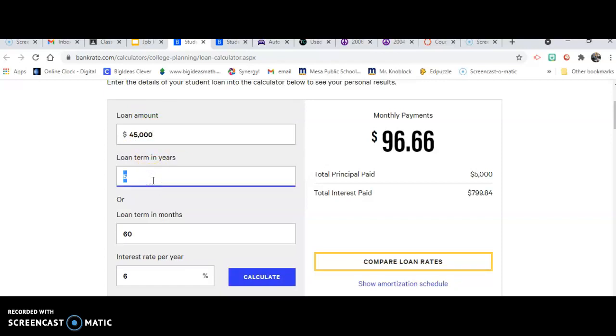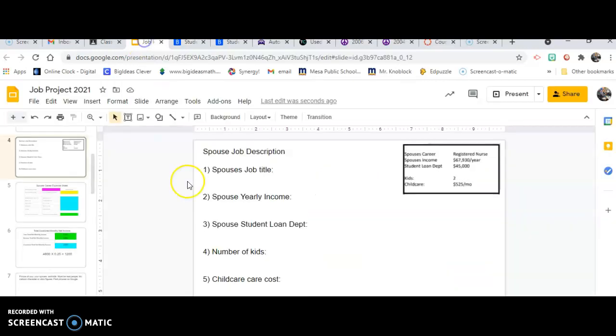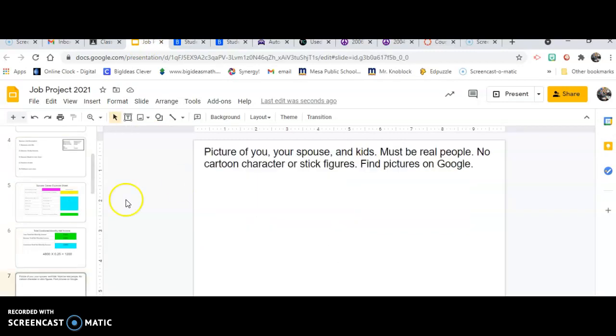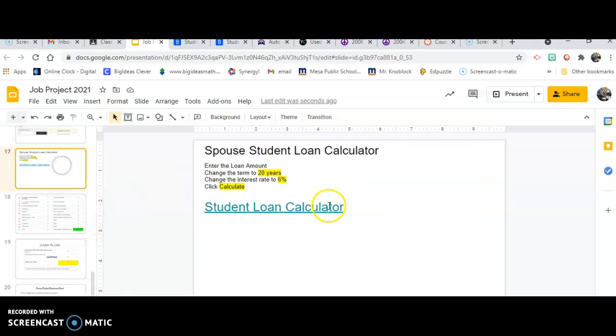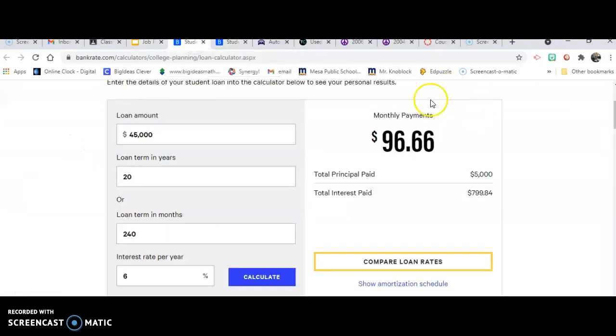The number of years, remember, is 20 years. 6%, I'm pretty sure. Let's make sure. So yeah, 6%. I always love when people turn it in with $96. No, you didn't change it. See, that's still on $5,000. You have to hit calculate. So 322.